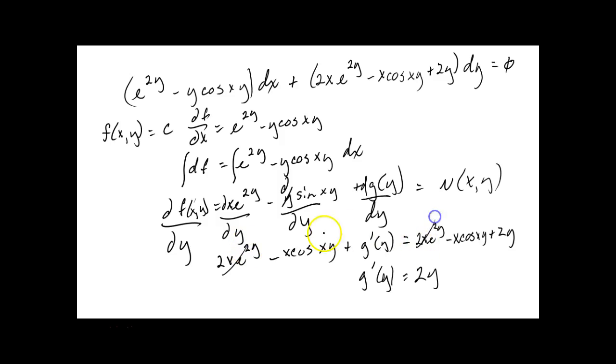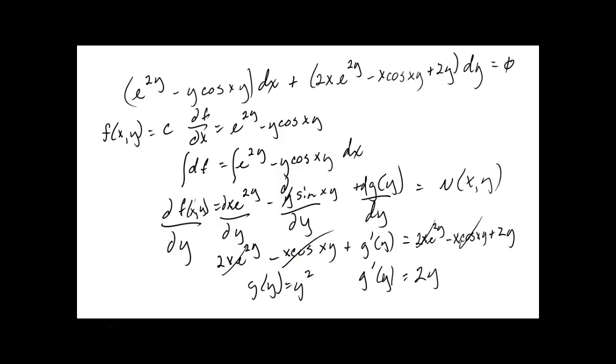Because these went out, those went out, but you're left with 2y, right? So what would g have to be? You take the antiderivative, right? It would be y squared. Exactly. So g of y is equal to y squared.